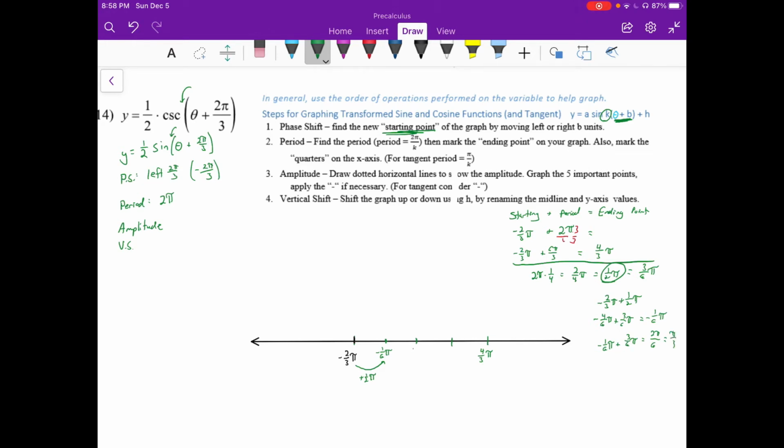So this is 1/3 pi. We're going to add 3/6 again, or 1/2 again. So we have 1/3 pi plus 1/2 pi. With a common denominator, 2/6 pi plus 3/6 pi is 5/6 pi.